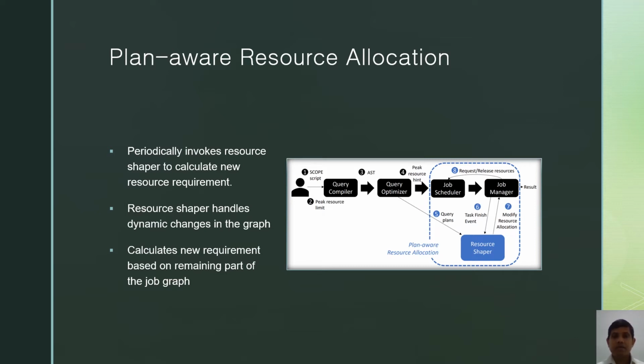Here the picture represents our current architecture diagram. The blue lines and the blue rectangle represent the new workflow and component we added for the plan-aware resource allocation strategy. The central component of this strategy is the resource separ.